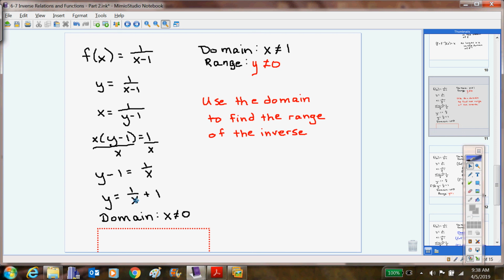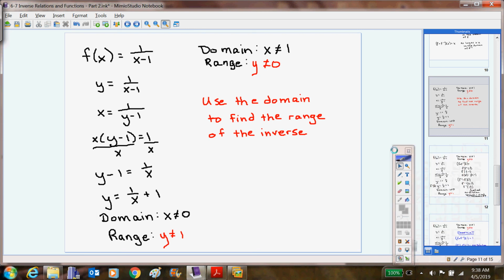So you can't have a 0 in the denominator for the inverse function. Remember, our inverse function's domain is the same as the range of the original. So even if you weren't seeing this y not equal 0 in the original, you can usually unravel it if you find the inverse and then make sure that whatever the domain was in the original becomes the range in your inverse. So you switch them in that way.